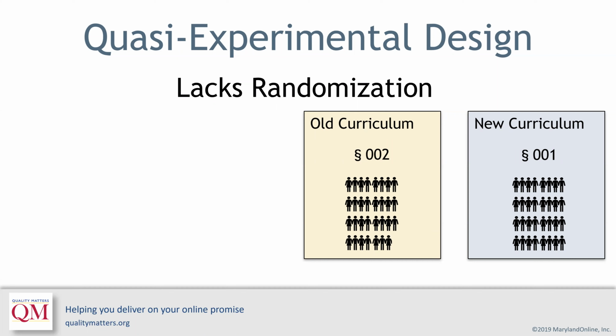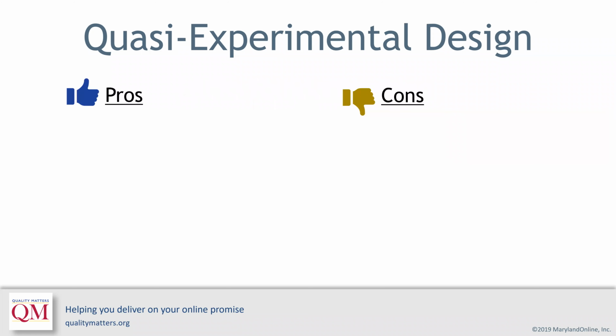In terms of pros and cons, logistically, it's usually the easiest to implement. This is particularly true if you're doing research in a real classroom setting. In other words, you don't have a laboratory setup, which I think is the case for most of us.